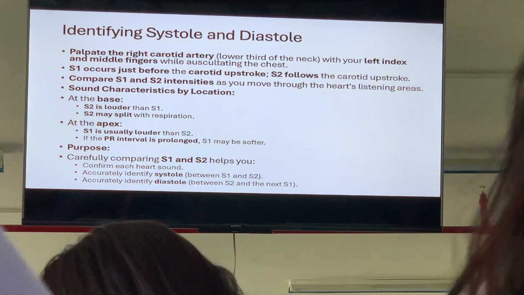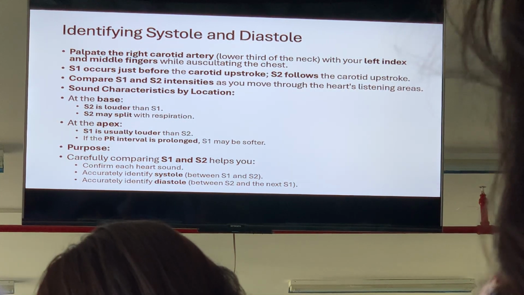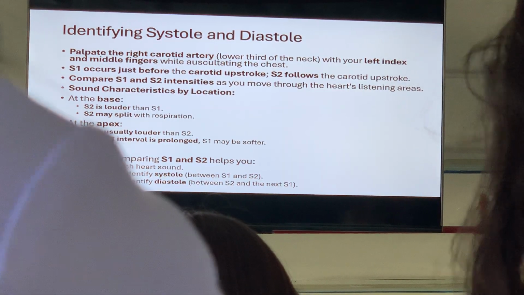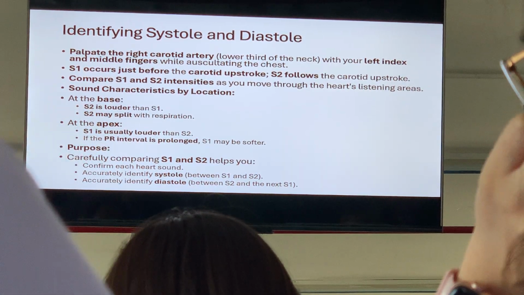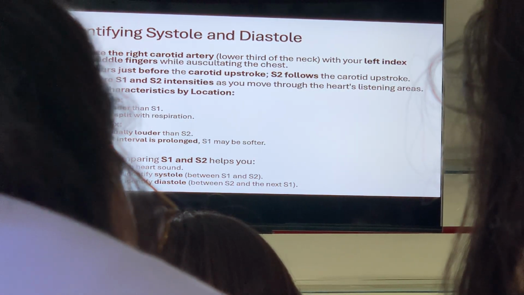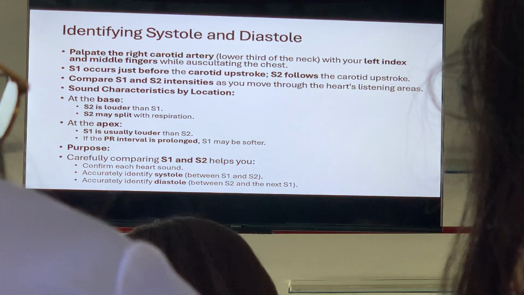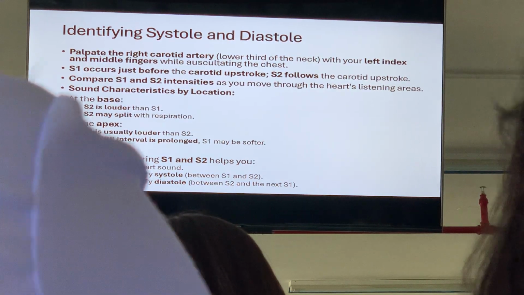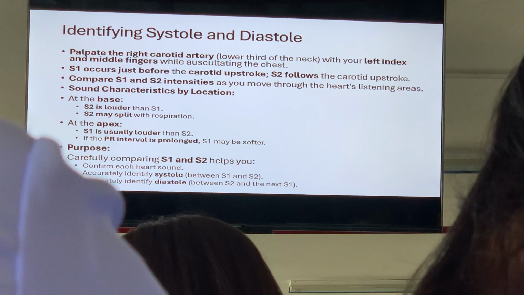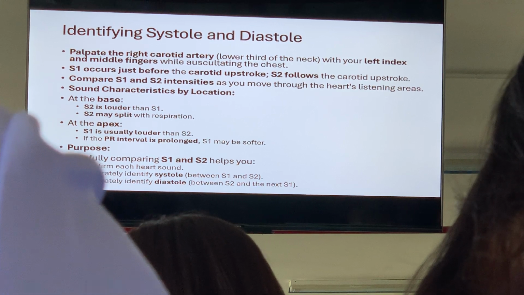Mitral and tricuspid, very good. So you will not forget that anymore. When you listen to the apex, it's mitral or tricuspid. At the base, what's responsible for S2? Aortic and pulmonic valves.